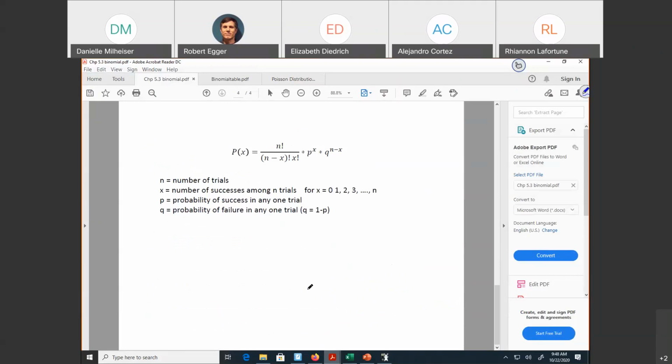And of course, the formula for the probability of X is n factorial over the quantity n minus x factorial, divided by x factorial, times the probability of 1 success to the x, times the probability of 1 failure to the n minus x. Right.